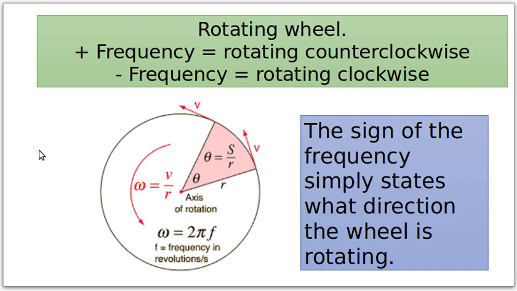So a positive frequency means the wheel is rotating counterclockwise, and a negative frequency simply means the wheel is rotating clockwise. So in this example, we can see that the positive and negative frequency simply is a way to describe which way the wheel is rotating.